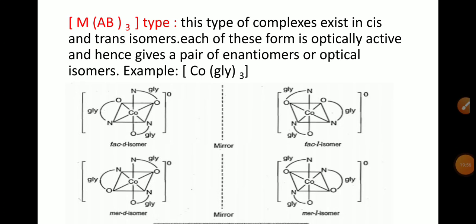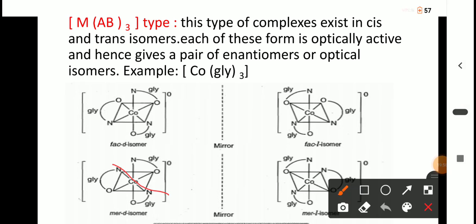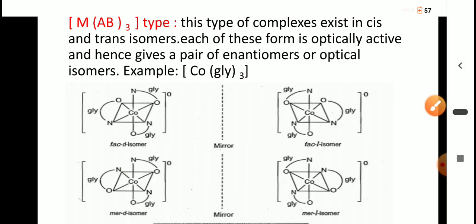This is the plane which bisects the molecule. The three nitrogen atoms are present in the plane bisecting the molecule. The other three are on the meridian of the complex. This type of complex is called a trans or mer isomer. This also shows optical activity because it is not having a plane of symmetry. This is one mer-D isomer and another one is a mer-L isomer.